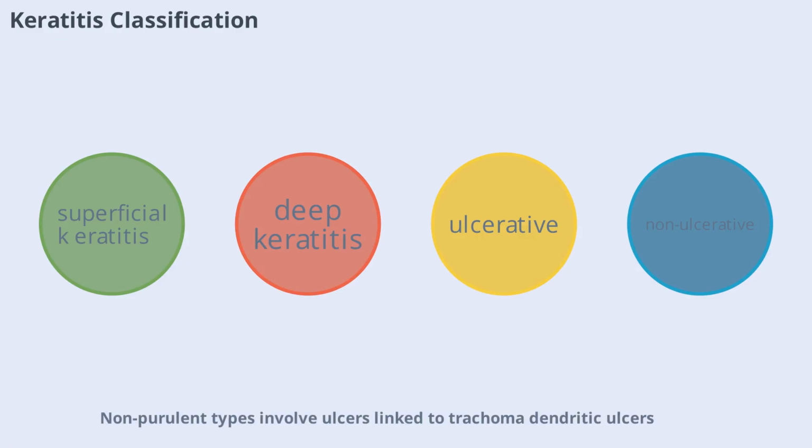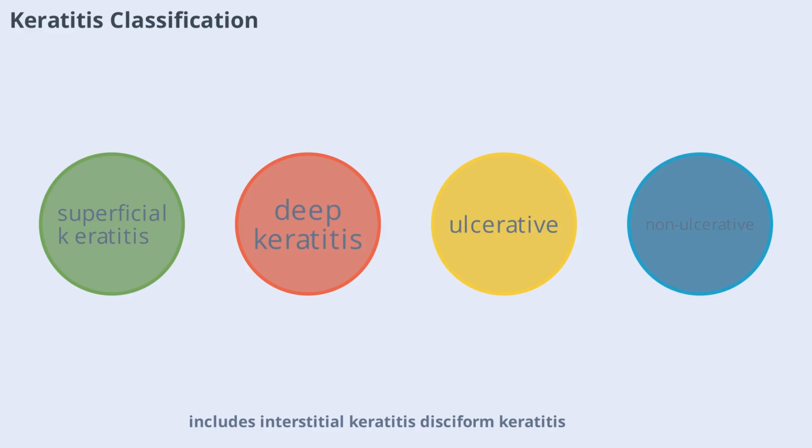Non-purulent types involve ulcers linked to trachoma, dendritic ulcers, leg ophthalmic ulcers, ulcers from vitamin A deficiency, neurotropic ulcers, allergic ulcers, degenerative ulcers, and superficial punctata keratitis. Deep keratitis, often allergic, includes interstitial keratitis, disciform keratitis, intracorneal abscesses, and sclerosing keratitis.